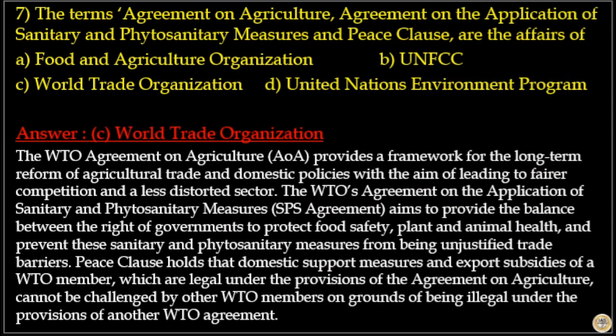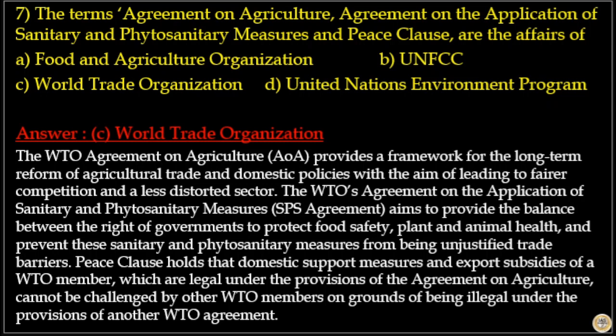The WTO Agreement on Agriculture provides a framework for the long-term reform of agricultural trade and domestic policies with the aim of leading to fairer competition and a less distorted sector. The WTO's agreement on the application of sanitary and phytosanitary measures aims to provide the balance between the right of governments to protect food safety, plant and animal health, and prevent these sanitary and phytosanitary measures from being unjustified trade barriers.